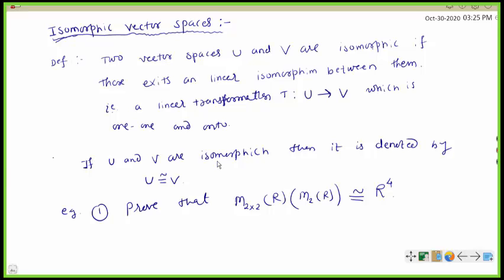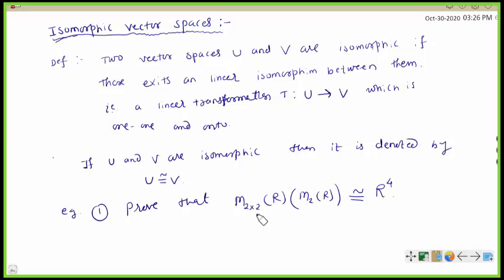If U and V are isomorphic, then we can write U is isomorphic to V by this notation.